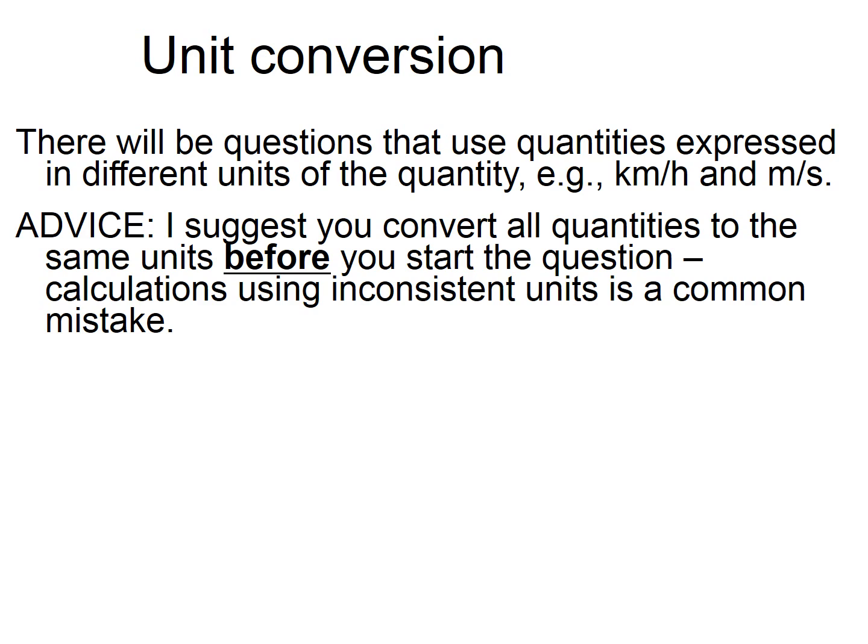For instance, here you might have speeds in kilometres an hour and metres per second, and if you were to include those two things in your equation, you'd get the wrong answer because you're using the wrong units. Or here we have density in grams per centimetre cubed and density in pounds per cubic inch or something. If we just divide one number by the other, we just get the wrong answer.